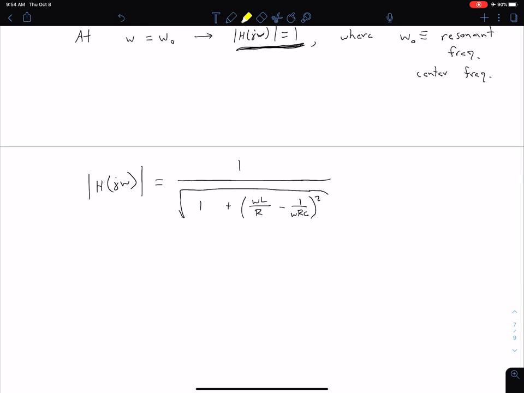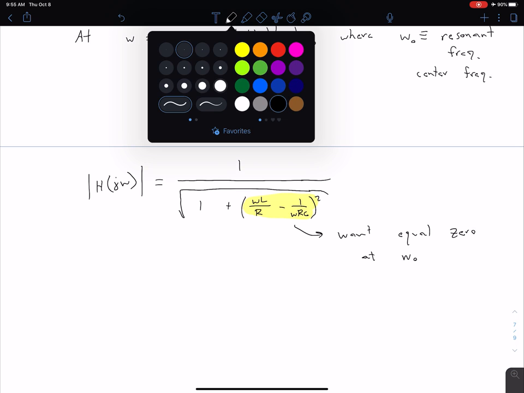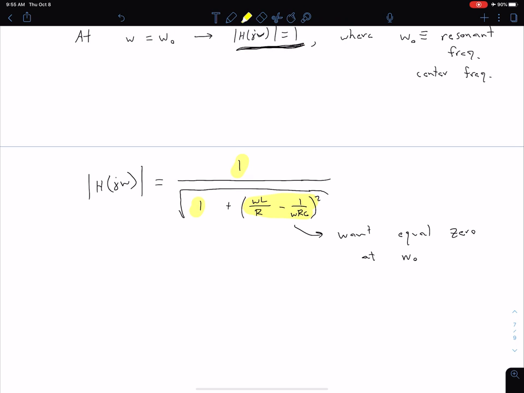If we are looking for a situation where our magnitude is equal to 1, what we say is that this part here needs to be equal to 0 at our resonant frequency. That just leaves our 1 divided by 1.